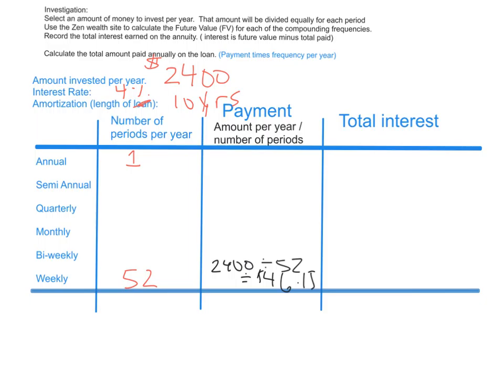We have just found out that we are going to have $5,495.26 in interest for weekly payments if I'm going to be investing $2,400 a year at 4%, but it's about the weekly payments. So again, we're trying to figure out what's the best way. So how do I get the best interest in order to always invest the same amount of money? So do I want to do annually, weekly, etc.?